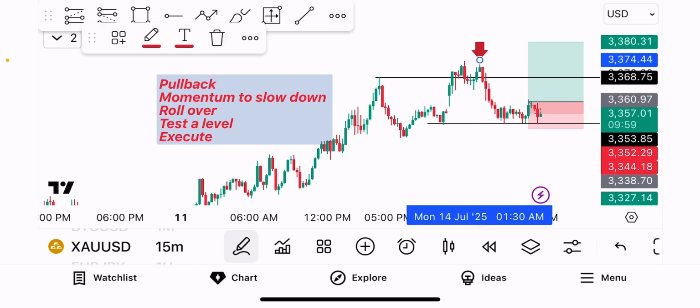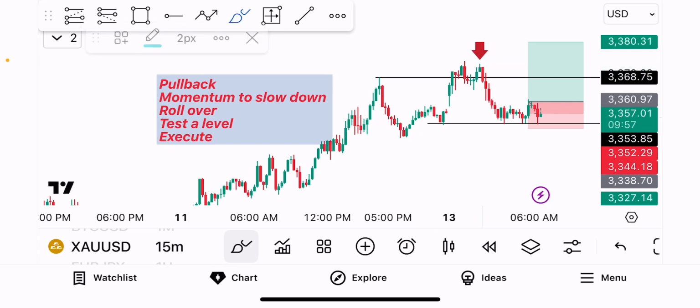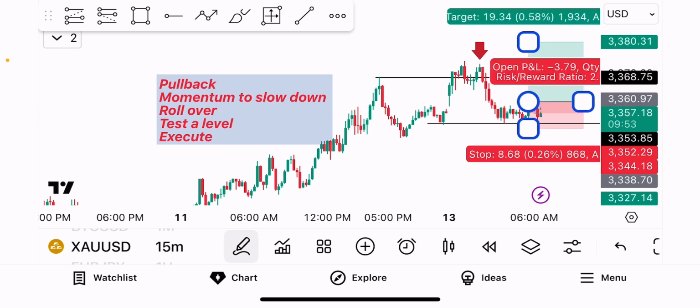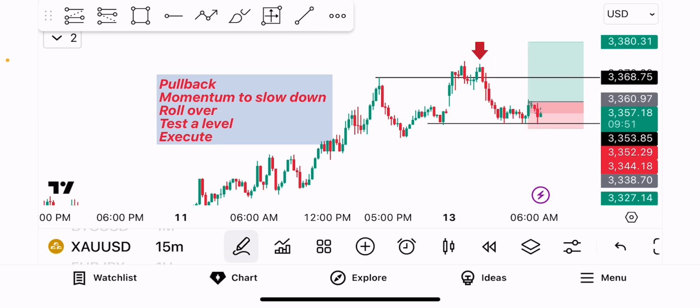Now after the pullback, we've tested a level which we know that here is truly holding for a sell. And what's the next thing we do? We kindly execute. Now the market is now running. So this is how I approach the market on daily basis, and that's how I make my profits off the market.